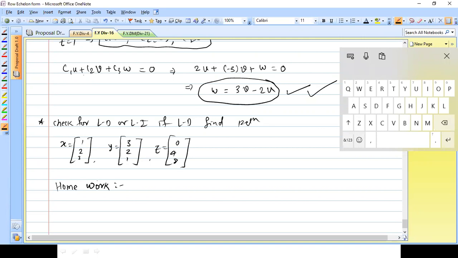I will give you one interesting example for homework. So they have given your x1 is equal to 1, 1, 1, 1.